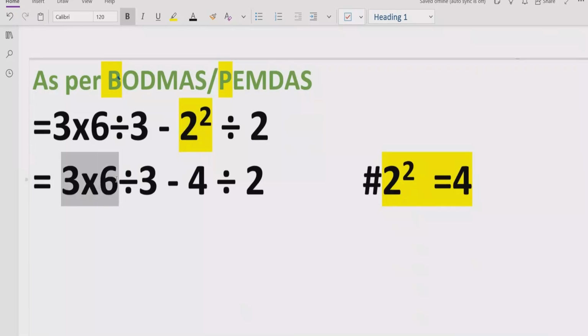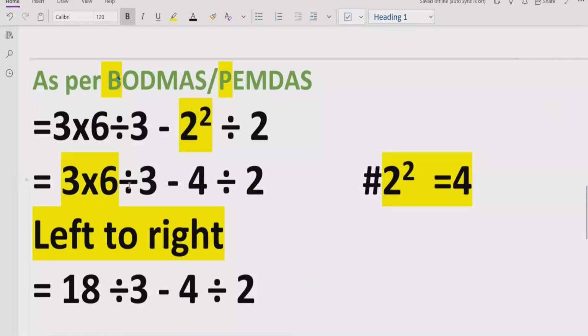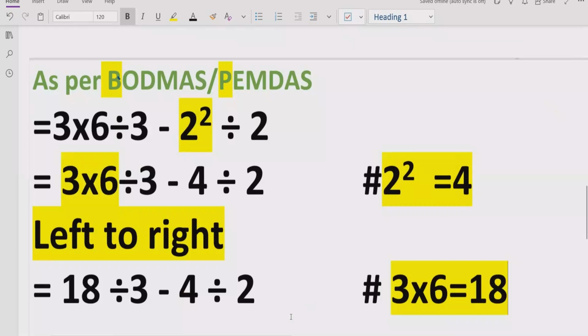Here we will go left to right. Now our expression contains 3 multiplied by 6. So we will solve this part, 3 multiplied by 6, and write the other things as they are. Here we will give the reference: 3 multiplied by 6 equals 18.